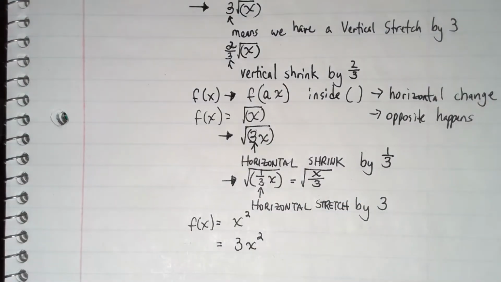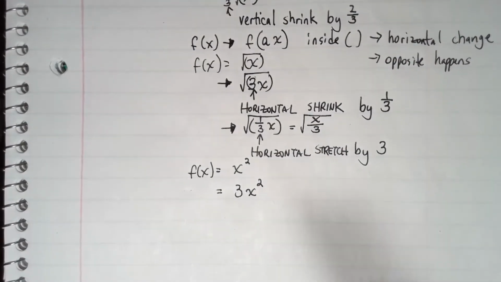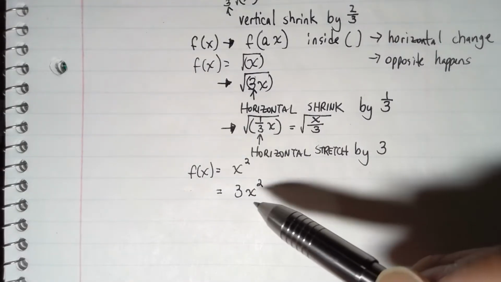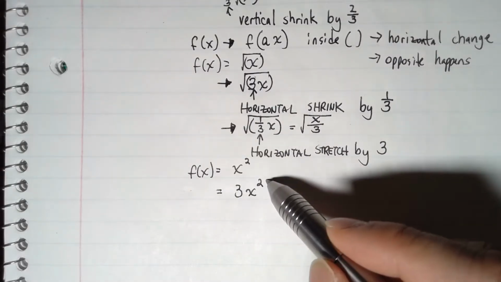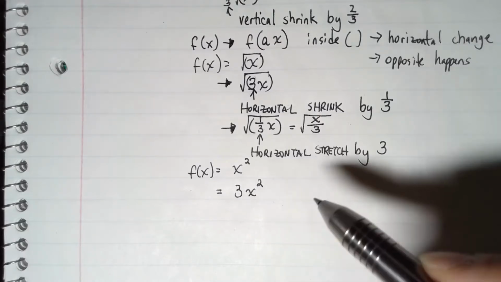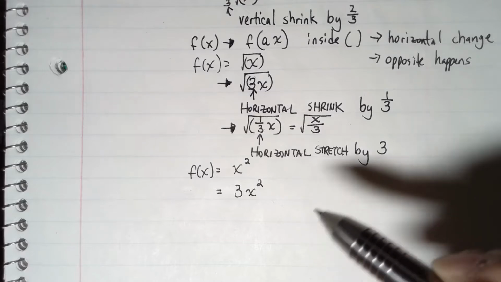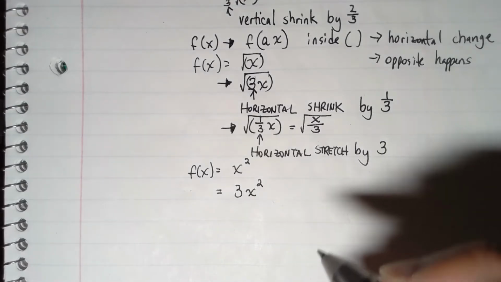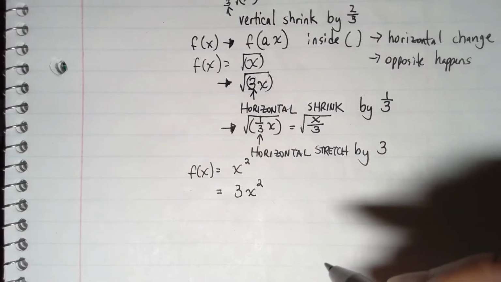Now, right here, there's always a lot of confusion if you don't know your order of operations. Is 3 being squared, or is only x being squared? You need to understand where the parentheses is, and the only thing that's being squared here is just x. 3 is not being squared at all.